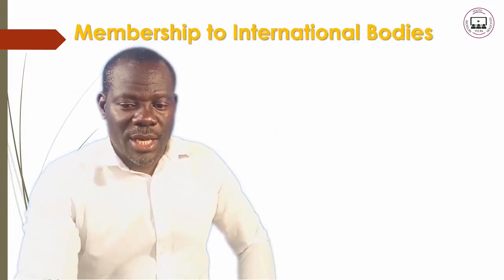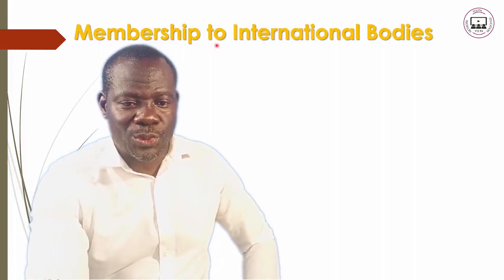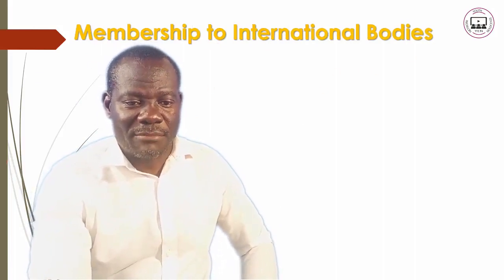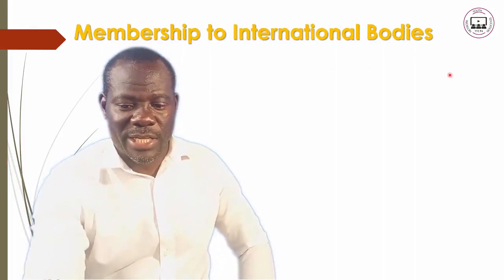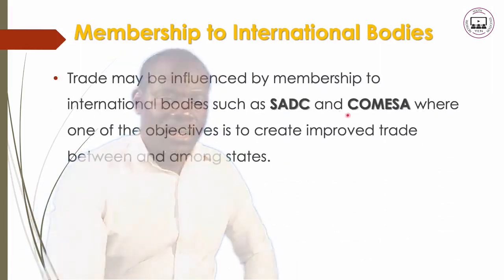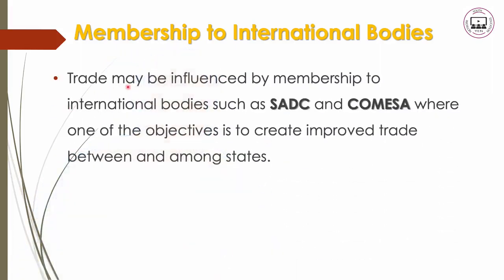And the last one is membership to international bodies. So trade may be influenced by membership to international bodies such as SADC and COMESA, where one of the objectives is to create improved trade between and among states.